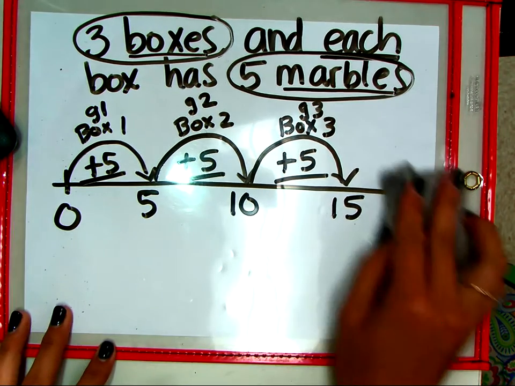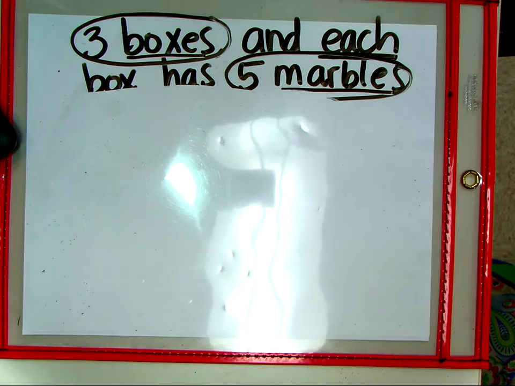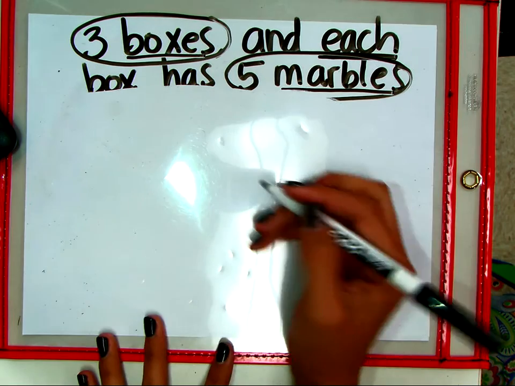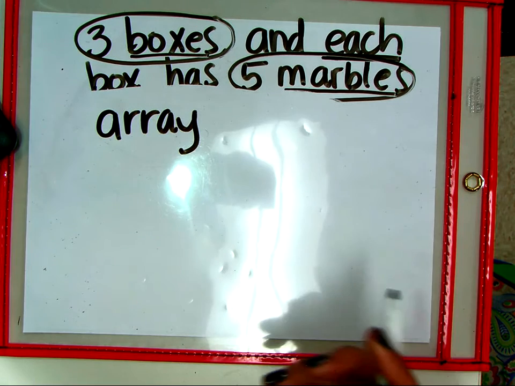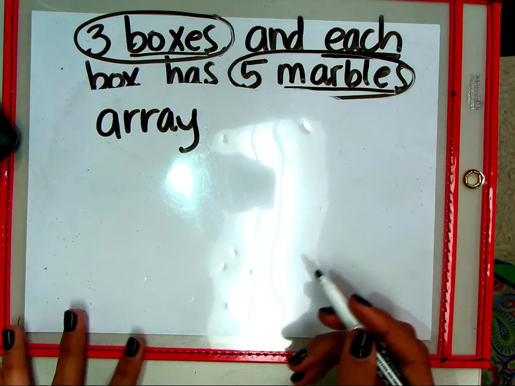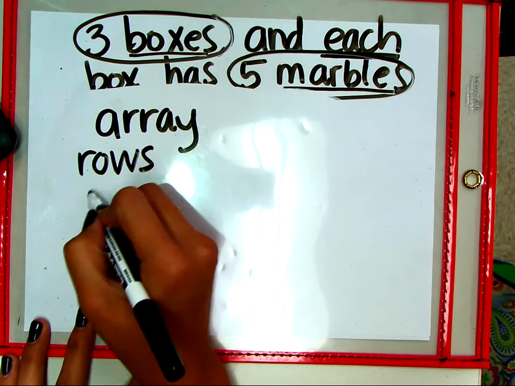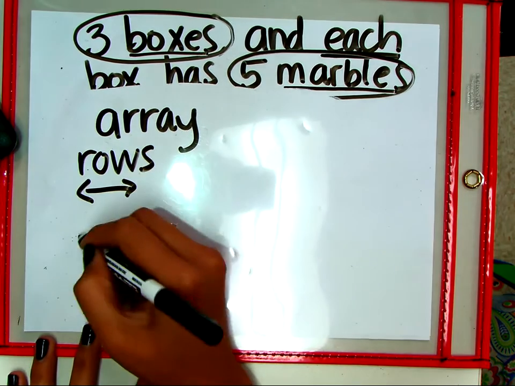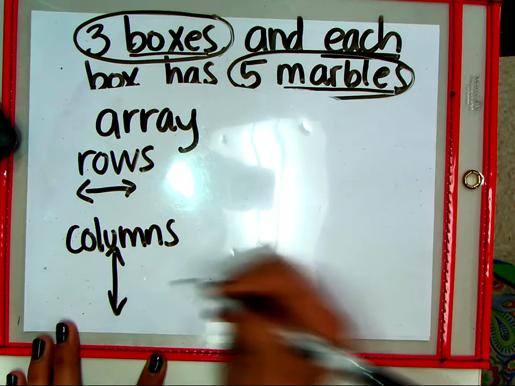The last strategy I'm going to use to show my story problem is an array. Arrays can be a little bit confusing because when we start teaching arrays, we tell students to look in terms of rows, which go side to side, and columns, which go up and down.